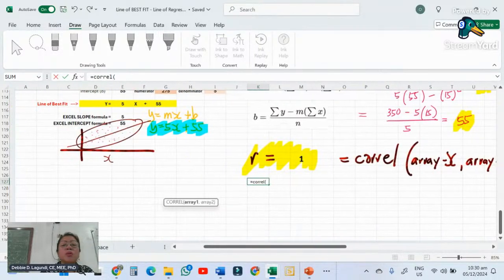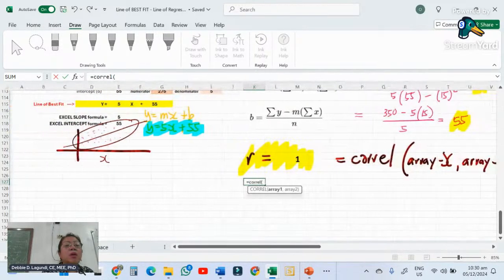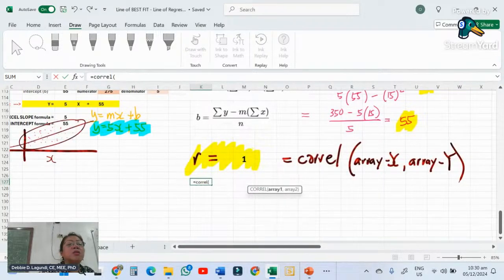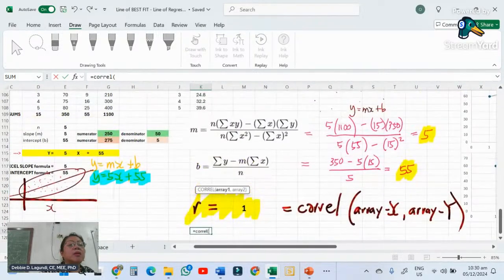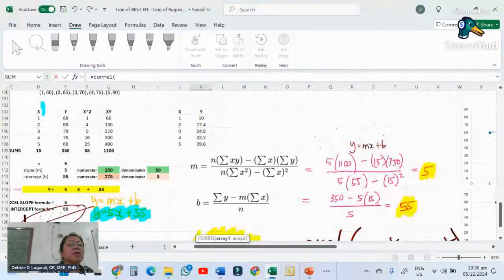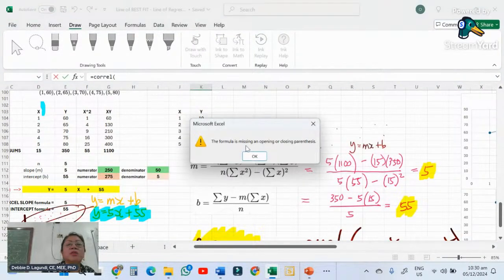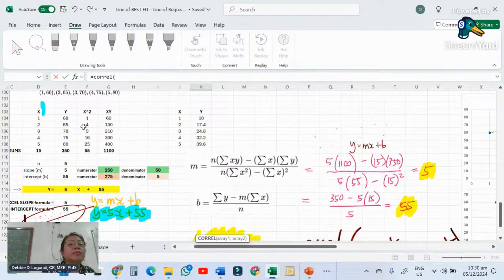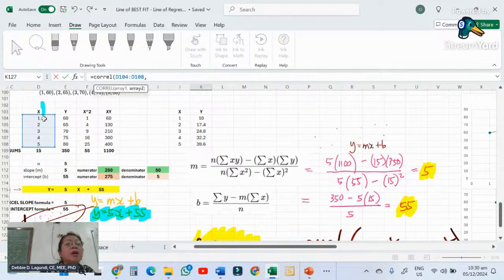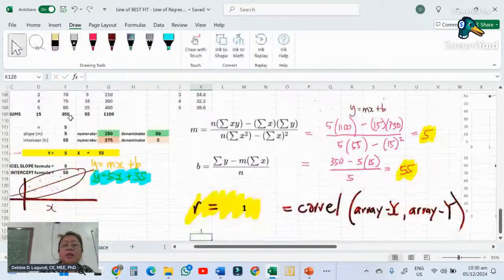Array 1 could be the X range. You have to cover your X values, comma, and then the Y values, and then close it, and then enter.